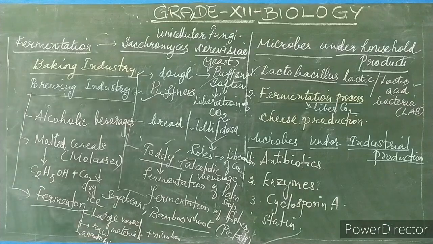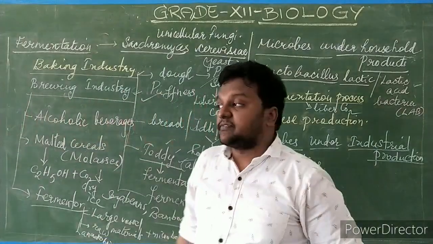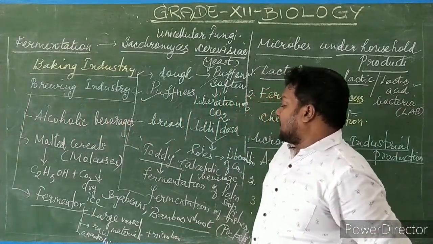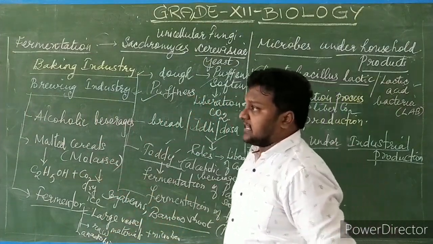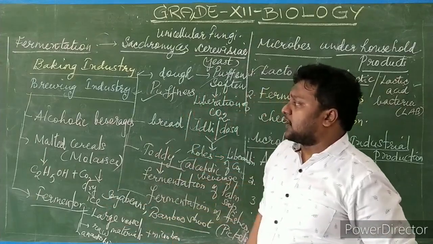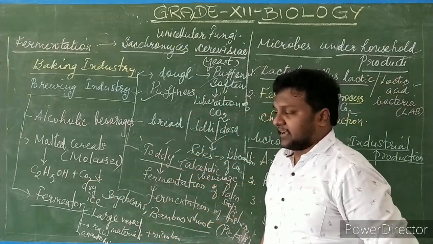What is the anaerobic condition? Absence of oxygen, anaerobic condition. So the raw materials and the microbes have to be fed into the fermenter tank, and so alcoholic beverages can be manufactured on a large scale.